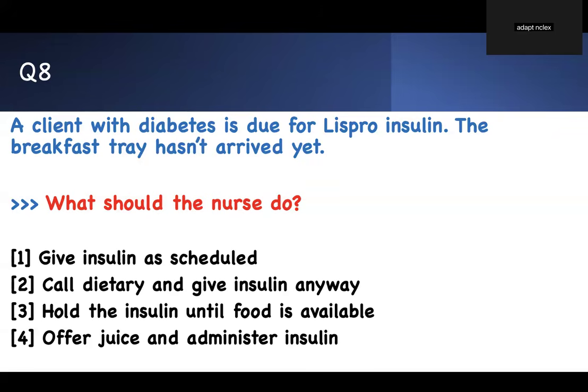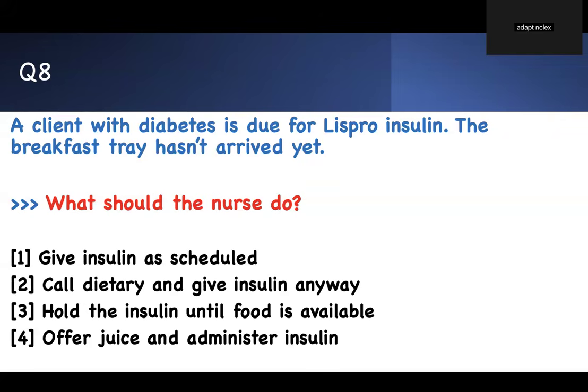If you give them juice and then infuse insulin, it's a trap. You may drop their glucose. It's not enough sugar. It's a temporary relief. They need a full diet, and then you give them their insulin. Giving them juice and saying, here is your insulin, will not carry them.